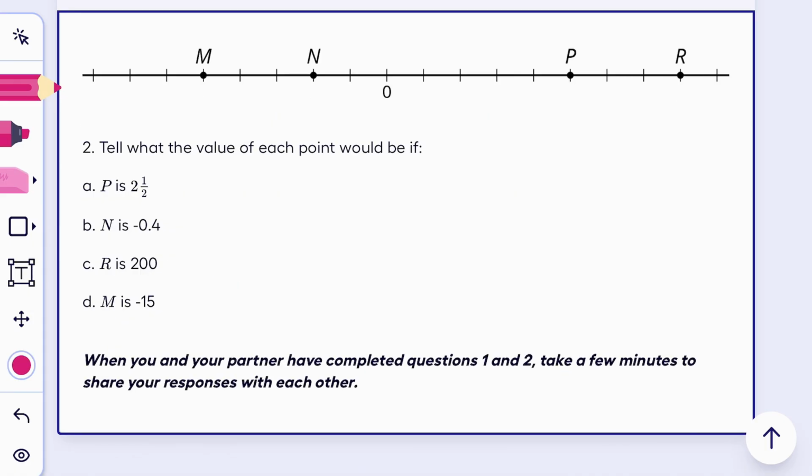Tell what the value of each point would be if P is 2.5. So if P is 2.5, then that means these are going by halves.